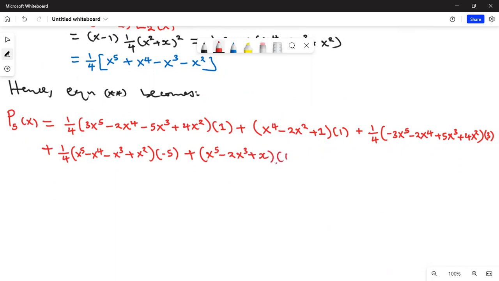F1 prime is 1 from our table. And lastly, we have B2, which is 1 over 4 times x raised to 5 plus x raised to 4 minus x cubed minus x squared. And this times F2 prime, which is 7.